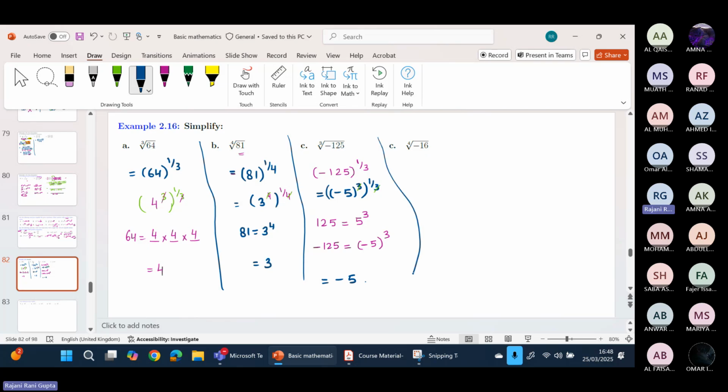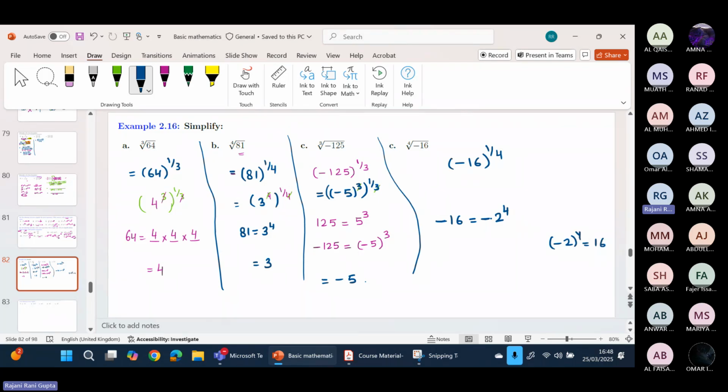And when you work for C, minus 16 to the power 1 over 4. So minus 16, how will you get it? 2 power 4. Correct. But since you need minus here, you should keep the minus here, because if I write minus 2 power 4, it gives me plus 16.